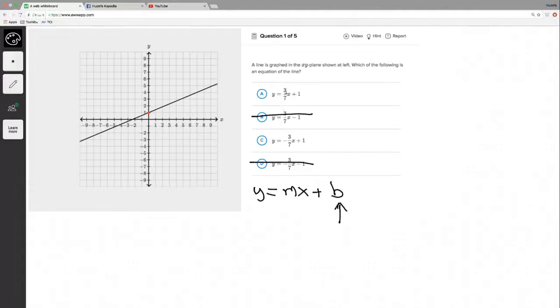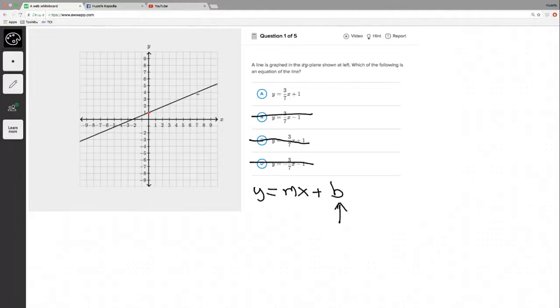So now we've got a difference between +3/7 and -3/7. Now I don't even have to figure out the slope precisely, because as we go from left to right, it's going up. We know it's a positive slope. Therefore, we can also eliminate C. But I can tell you it is a positive slope of 3/7 because it means we go up 1, 2, 3, and then over 7: 1, 2, 3, 4, 5, 6, 7.